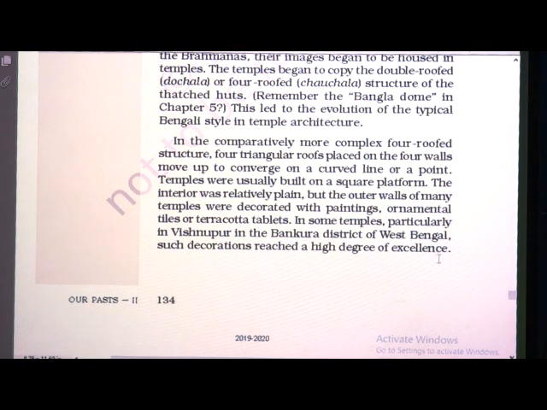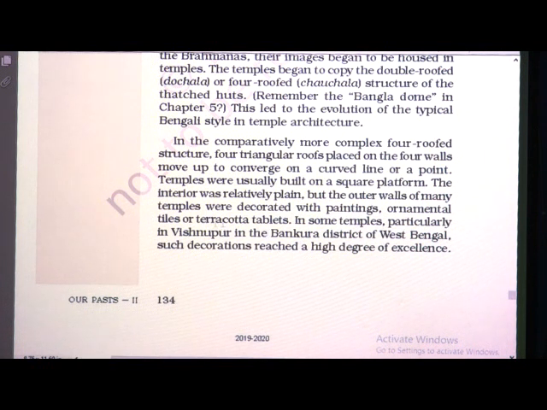excellence. Now this four roofed structure, four triangular roofs placed on four walls on a what? Plain square platform. Okay. The interior was relatively plain, but the outer walls were decorated with paintings, ornamental tiles or terracotta.